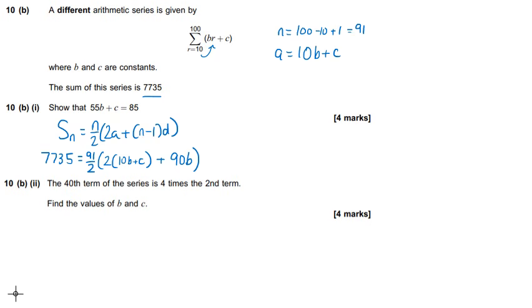So we just need to rearrange really to get the equation given. So let's first of all expand inside of that bracket. So 91 over 2 multiplied by, so 2 times 10b is 20b plus another 90, that's 110b, and then 2 times c.